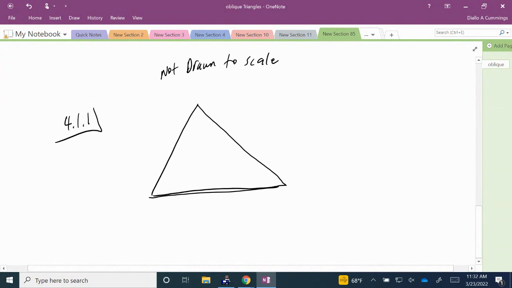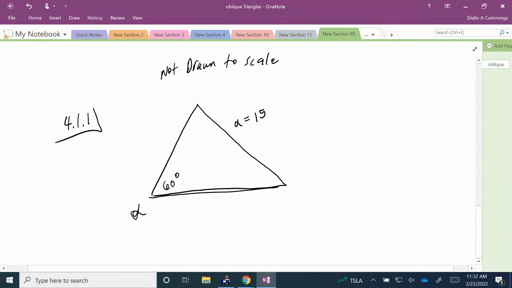So from what we were given, alpha is 60 degrees. And from the given information, it says that alpha is opposite side A. And we're also given that A is 15. So this is capital alpha here, and this is lowercase A.